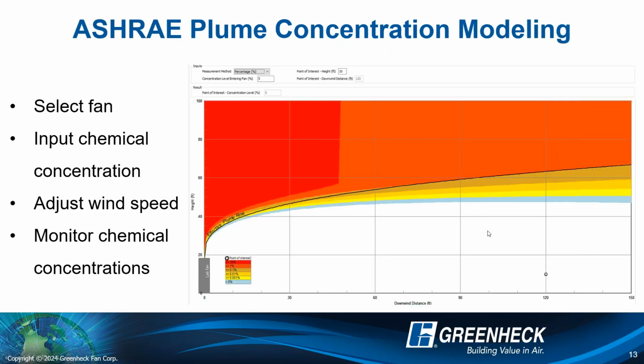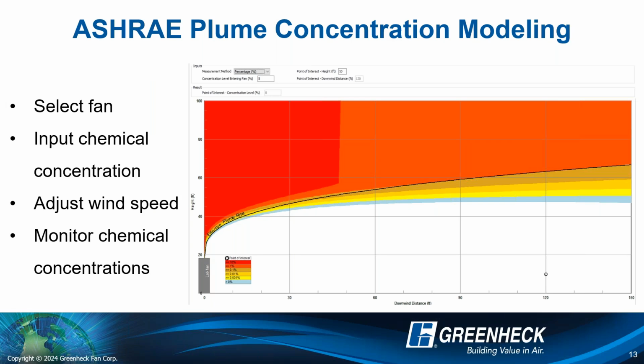The other thing now that's available to you through ASHRAE is a plume concentration modeling tool. While momentum flux is much, much more complicated than a simple momentum equation from Briggs, it gives you a lot of cool little things you can play around with.